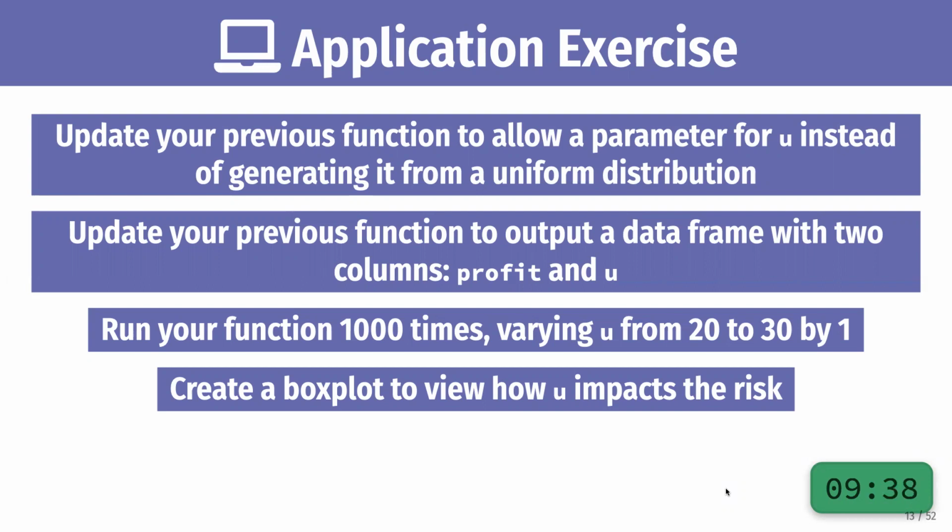And then see if you can remember how to create a box plot to see how U impacts the risk. This box plot is going to be similar to that one that I had made last class, where I used alpha on the x-axis and the return on the y-axis. In this case, your x-axis will be U, and the profit will be on the y-axis.